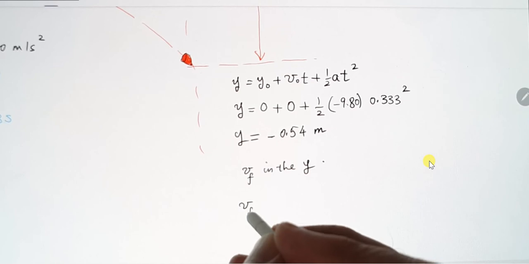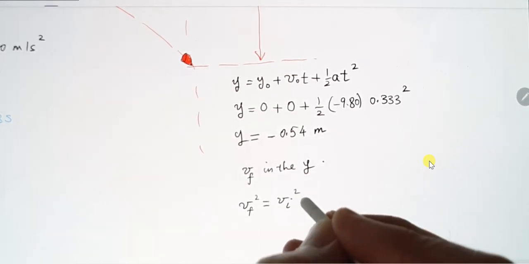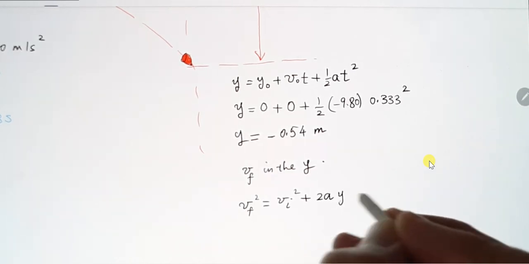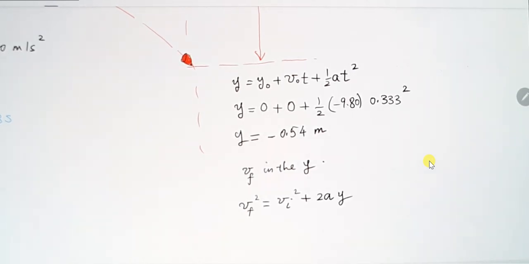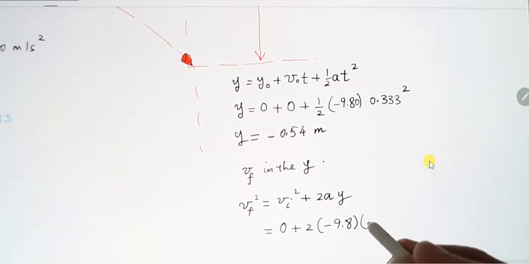V final square is equal V initial square plus 2A multiplied by Y. So V initial is 0, plus 2 multiplied by minus 9.8 multiplied by minus 0.544.